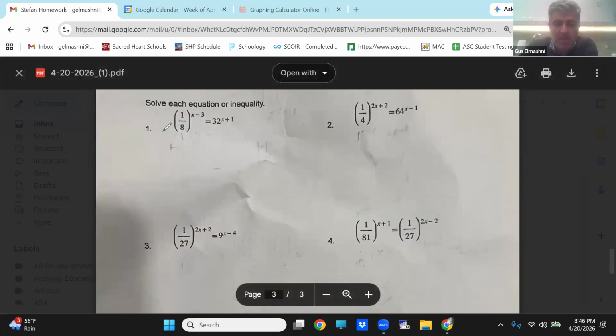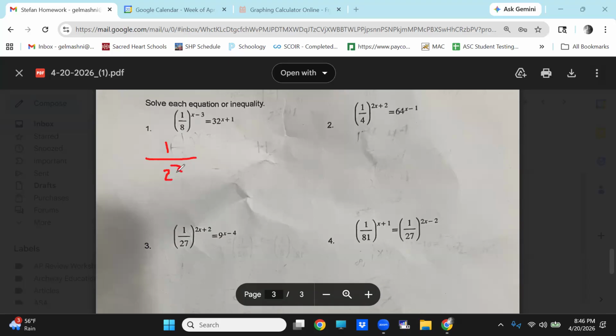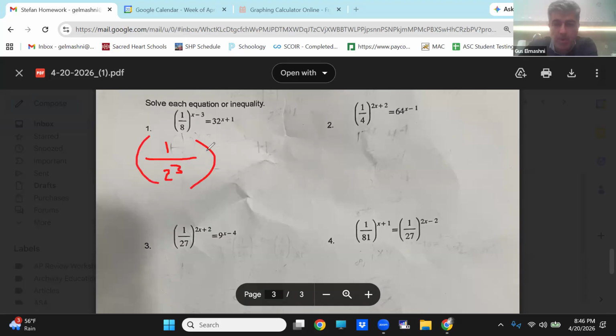Let's look at here. 1/8 and 32. So you're going to use 2 as your common base. So that's 2 cubed, because if I multiply 2 three times, I get that. How many times do I have to multiply 2 to get 32? You can use your fingers if you need to. 16? No, how many times do you multiply 2?